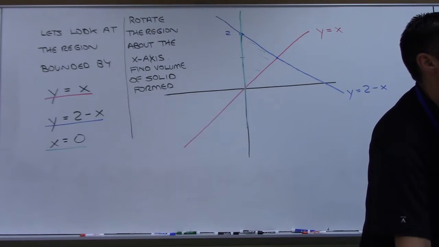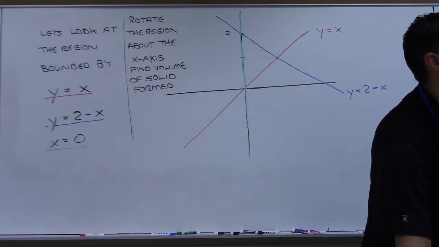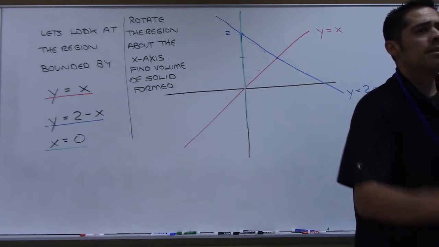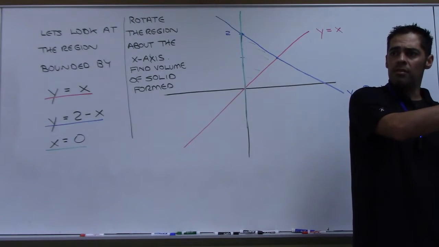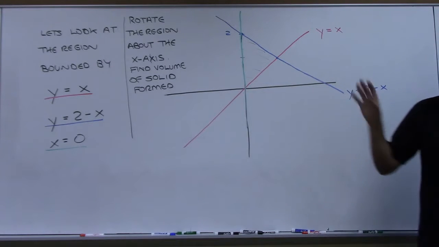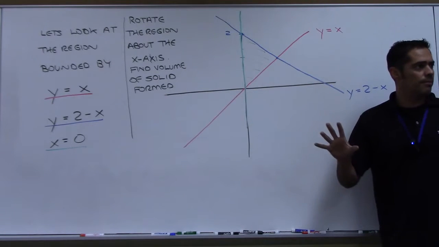Then we take that region and start wrapping it around the x-axis. When we wrap it around the x-axis, we form this solid. I can take a bunch of this out of here so you can really see it. So there's the solid that I would have had here. What we are interested in is the volume of that solid. Later on, we'll also ask what's the surface area. But for now, this is where we start with the volume.